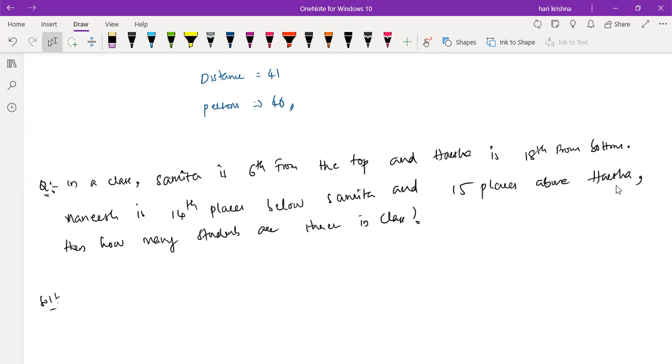So there's a class. Samita is 6 from the top, and Harsha is 18 from the bottom. And Manish is 14 places below Samita and 15 places above Harsha. How many students are there in the class? Find out the answer and tell me. Yeah, Shadab, correct.